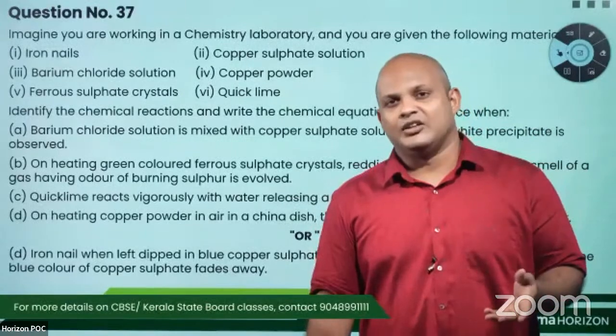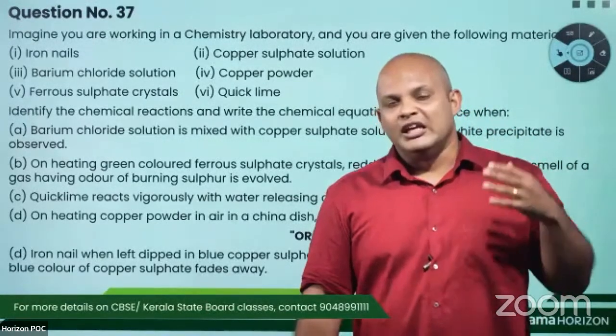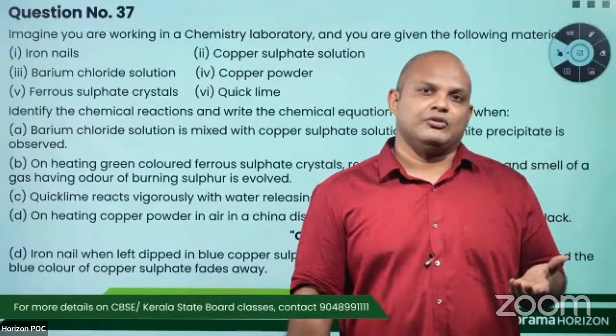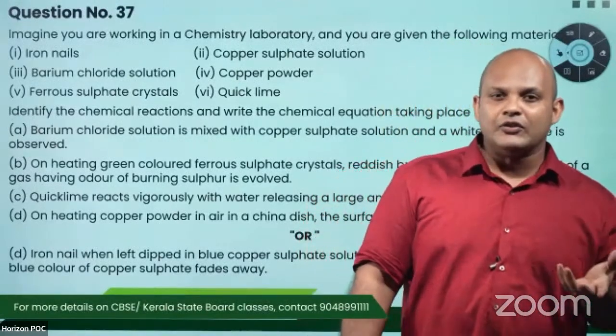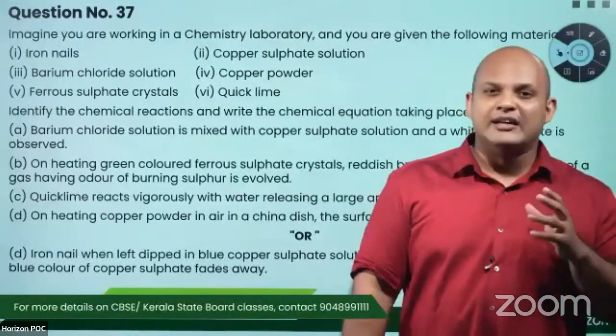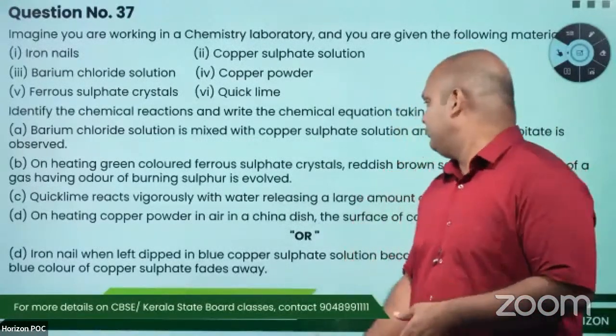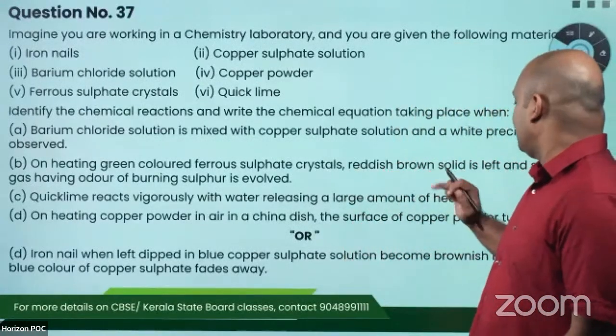Once you start heating the crystal, it will lose its water of hydration and it will become white. If you further heat this anhydrous ferrous sulfate salt, what will happen is it will decompose into iron oxide. Iron oxide is the chemical which has this characteristic reddish brown color.